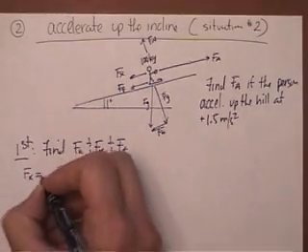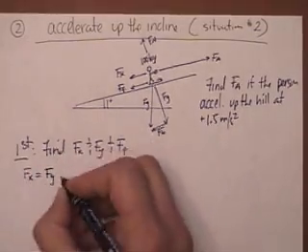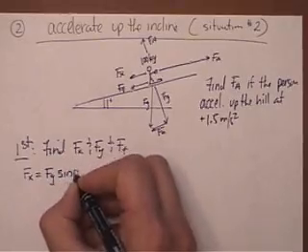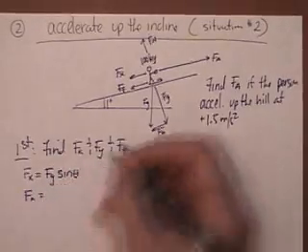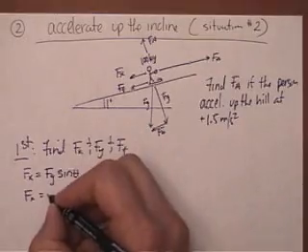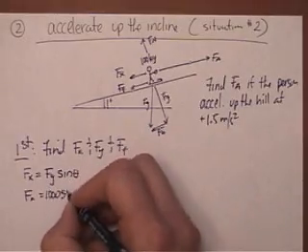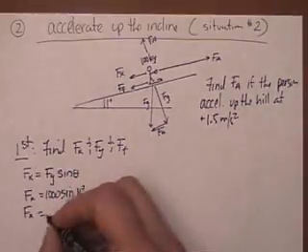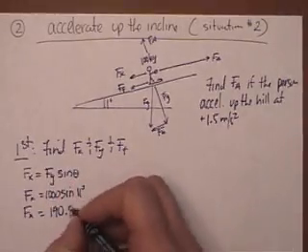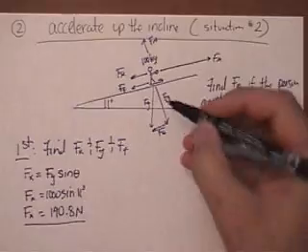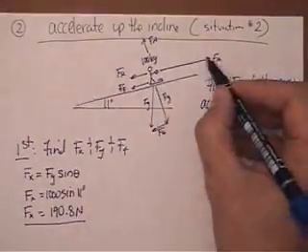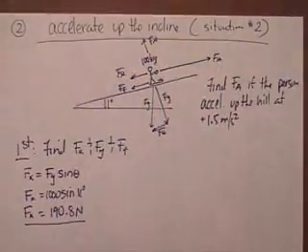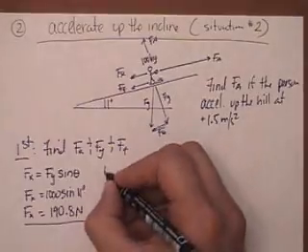Well, I remember that Fx is Fg sine of theta. So that's going to be 1,000 sine 11 degrees. So Fx is going to be 190.8 newtons. I'm not going to bother throwing any negatives on here just yet. I'm just going to leave it as 190.8.